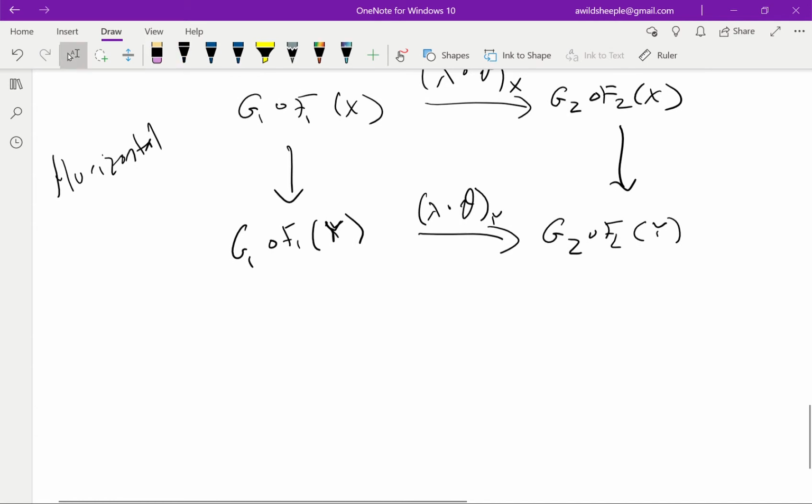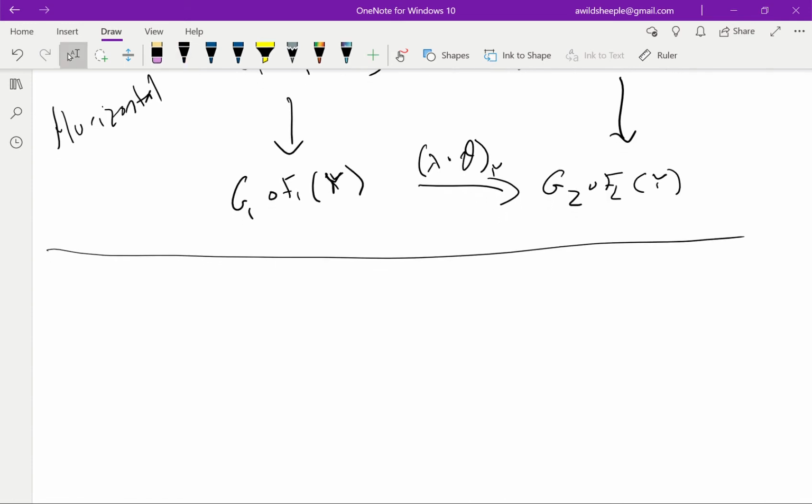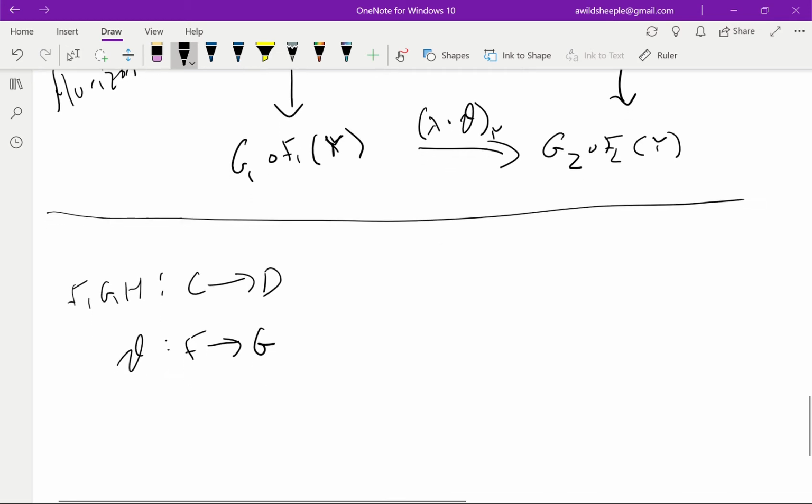And now, in the vertical situation, we turn everything on its head, and instead of having three categories, we have three functors. So we have F, G, and H, three functors between two categories, C and D, and we still have a pair of natural transformations that we're trying to compose, except theta is now a natural transformation from F to G, and lambda is a natural transformation from G to H. And these we can compose by concatenating the diagrams.